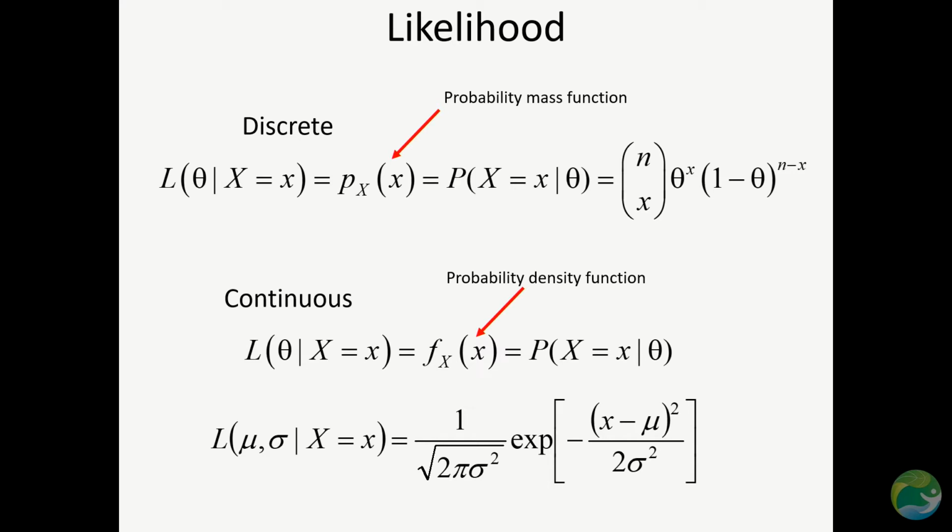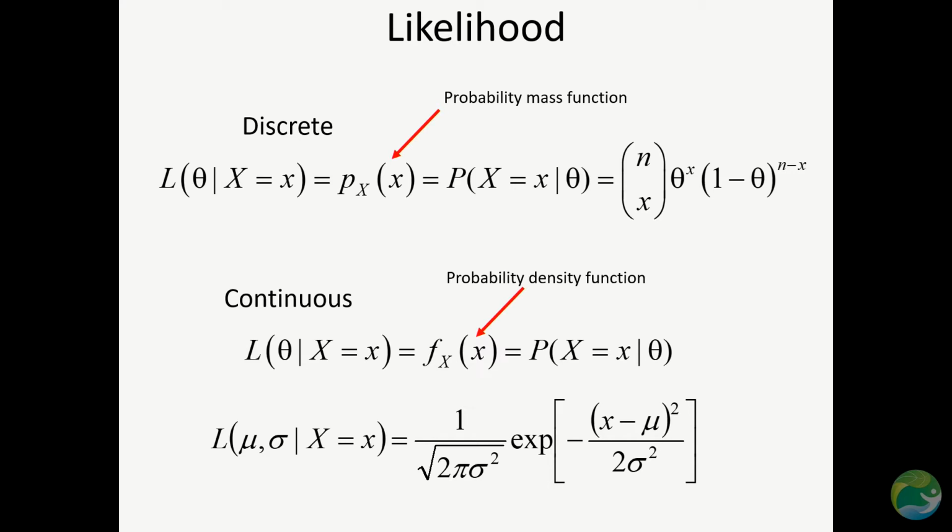If given your X, you want to come up with the likelihood of theta, the calculation is actually the same as the probability of X given theta. The calculation is the same, but the thinking is different. When you do the calculation, you still use the PMF for a discrete variable.